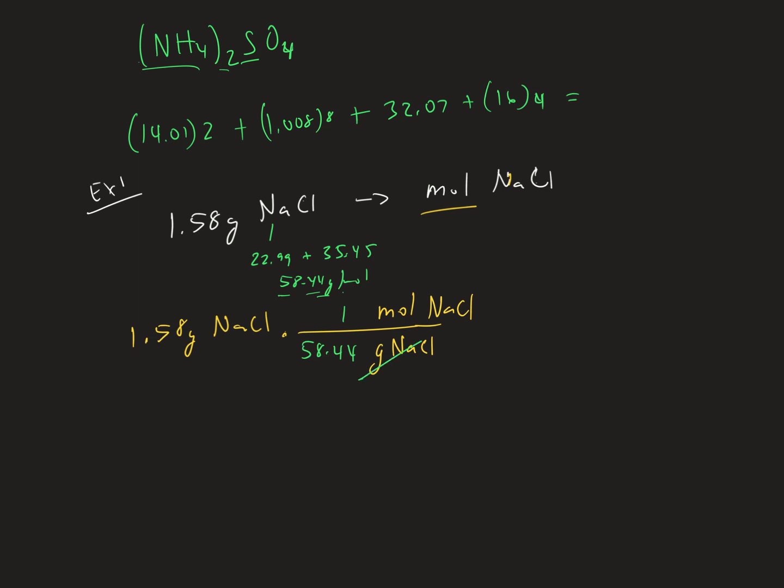Grams goes away, we're left with moles. That's what we're looking for, so we can stop converting. And we get 0.027 moles of sodium chloride. So now you know where to find a whole load of conversion factors from grams to moles, moles to grams, yeah?